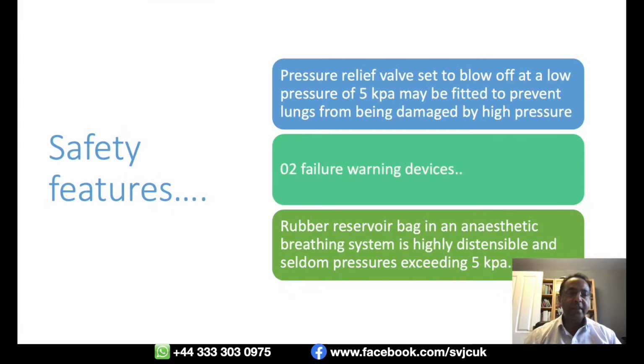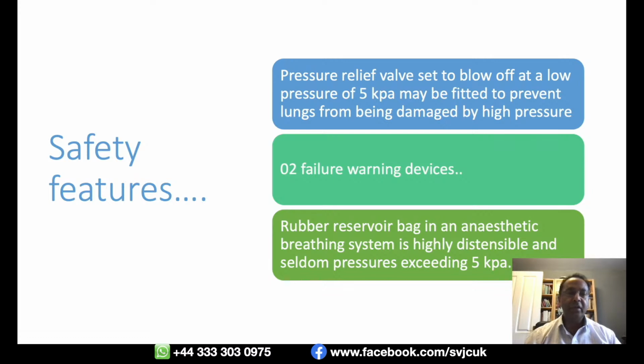To move on with the safety features, there is a pressure relief valve set to blow off at a low pressure of 5 kilopascals, and that is fitted to prevent lung damage because of high pressure.